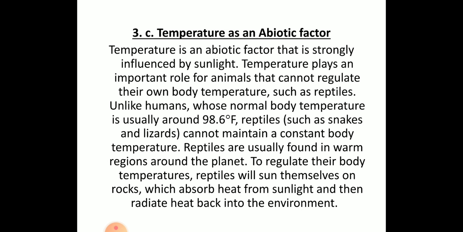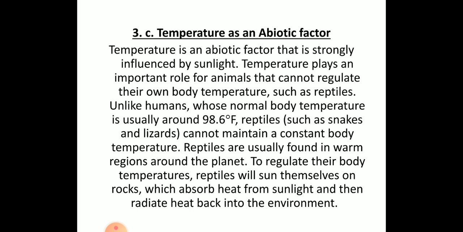So temperature is very much required for a plant to undergo transpiration, to undergo guttation, whereas in animals like insects, they undergo molting, they shed their skins, and reptiles also undergo molting in the form of ecdysis, they shed their scales to overcome this temperature.